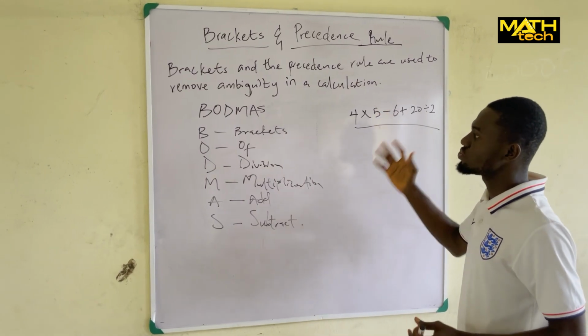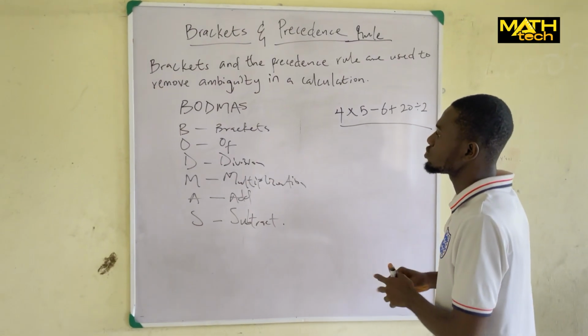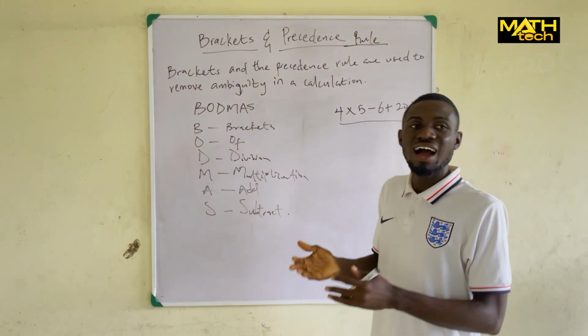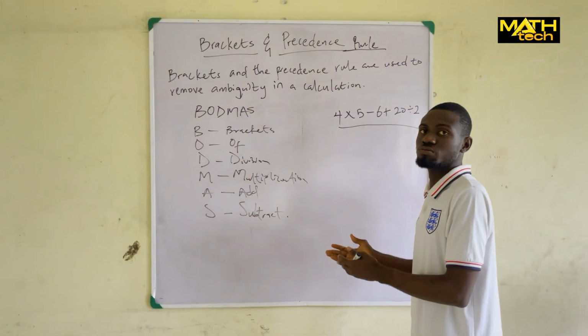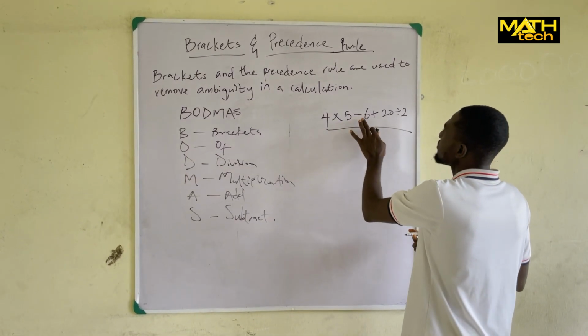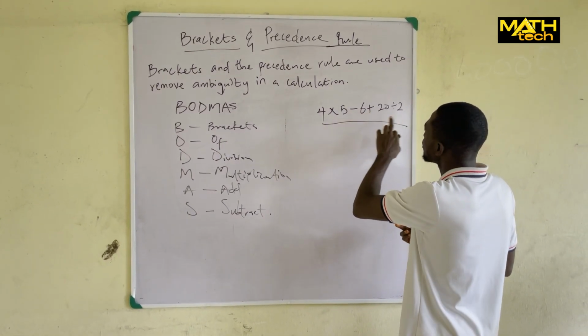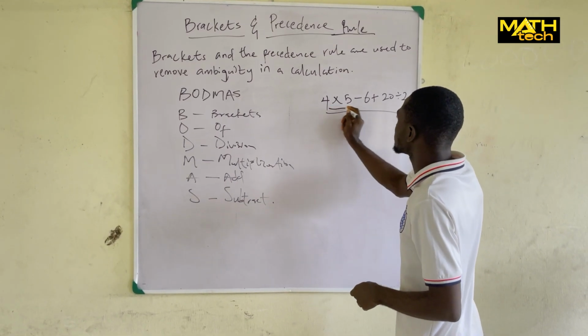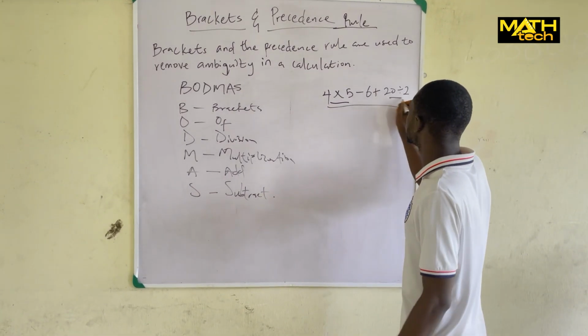For the precedence rule, division comes before multiplication, multiplication comes before addition, and then subtraction. So having that knowledge, we are having 4 times 5 minus 6 plus 20 divided by 2. We have to do first the multiplication and the division.